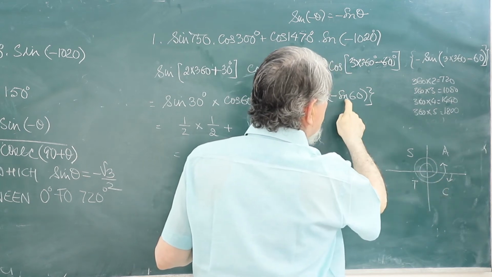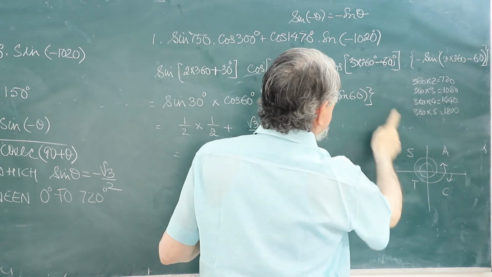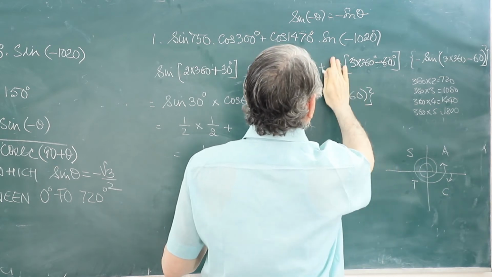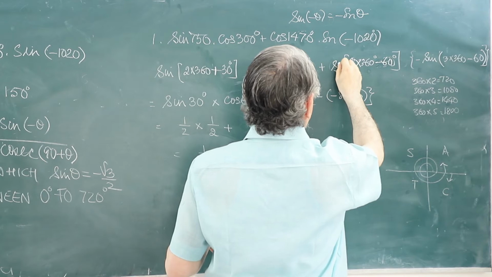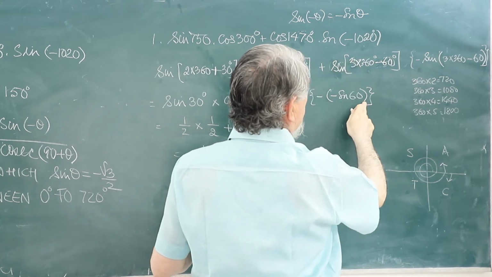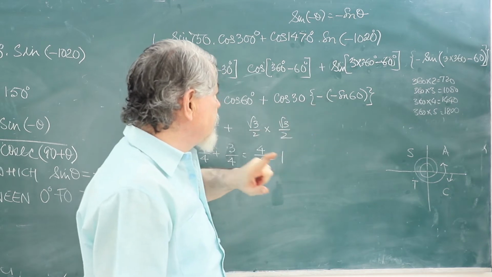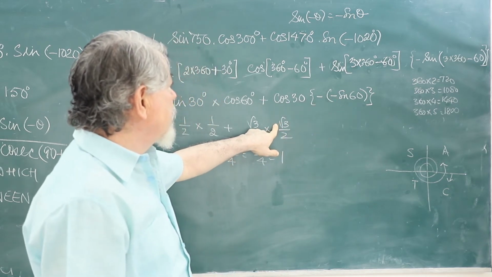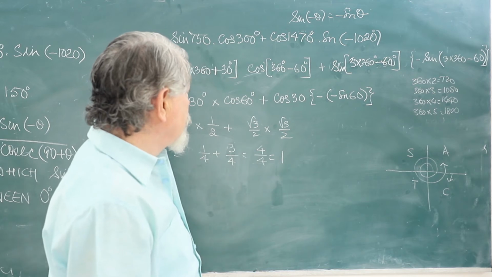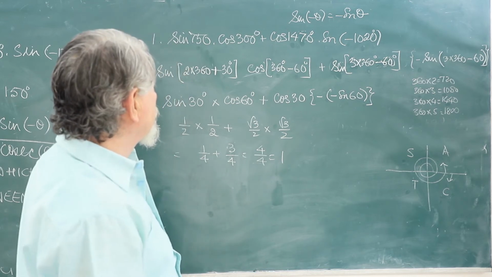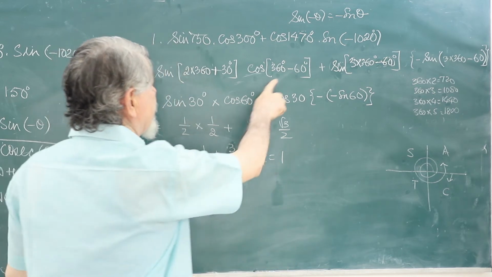So minus sine 60 it will come, because this is sine, not cos. So it will become minus sine 60, and minus into minus will become plus, and sine 60 is root 3 by 2. And why have I written cos 30?